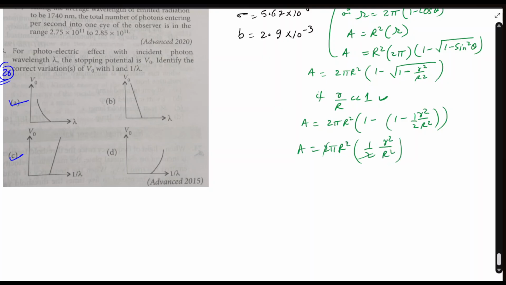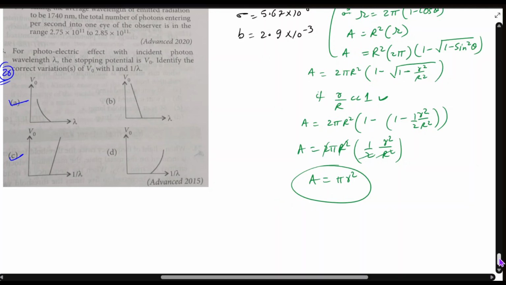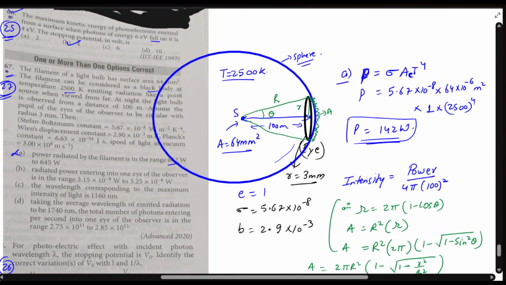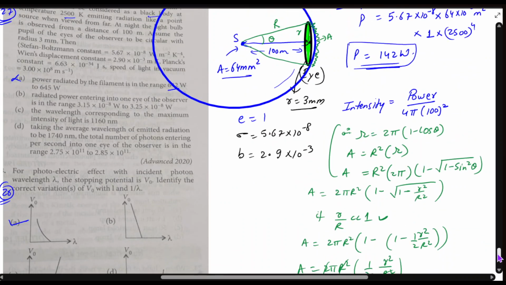And now 2 and capital R square will get cancelled and the area we'll get is actually pi small r square. And this area is actually this area, right? So this area and this area is almost equal, so that's why we take this area.